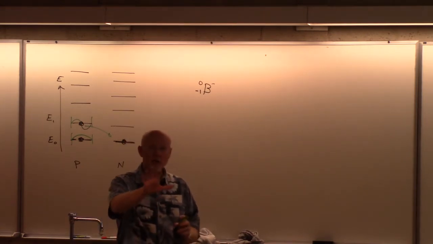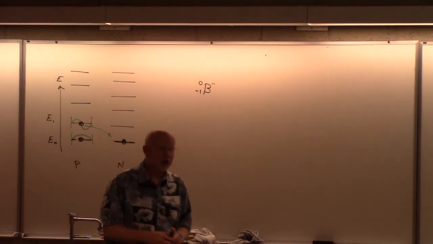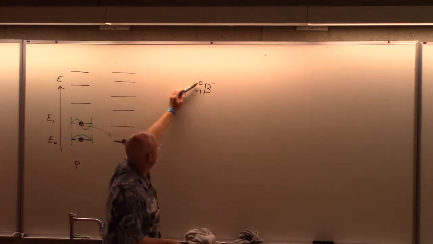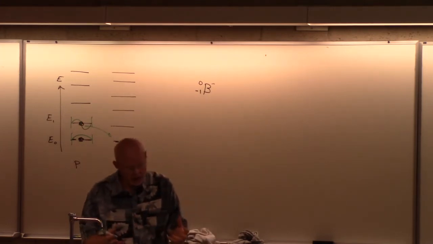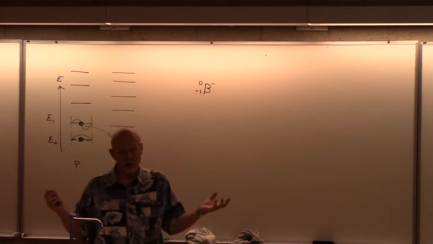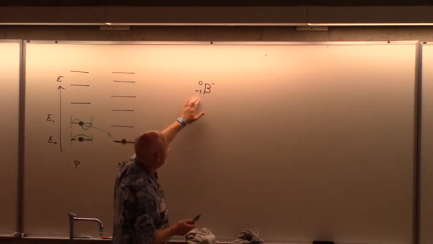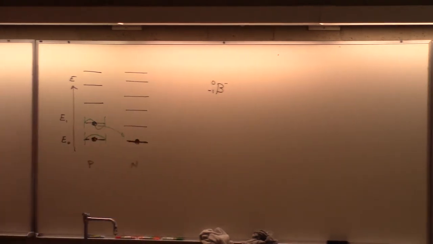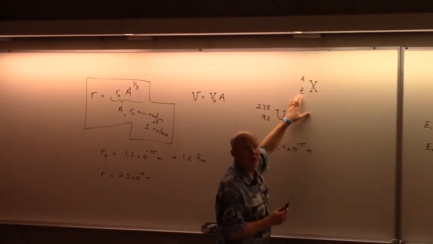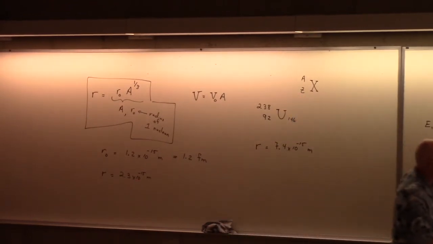Meaning it is not a nucleon. It is not a proton. It is not a neutron. So I would put a 0 right here because, I'll say it again, it is not a proton. It is not a neutron. And so it deserves a 0. I'm going to put a negative 1 down here because the charge is positive for a proton, but it is negative for an electron.